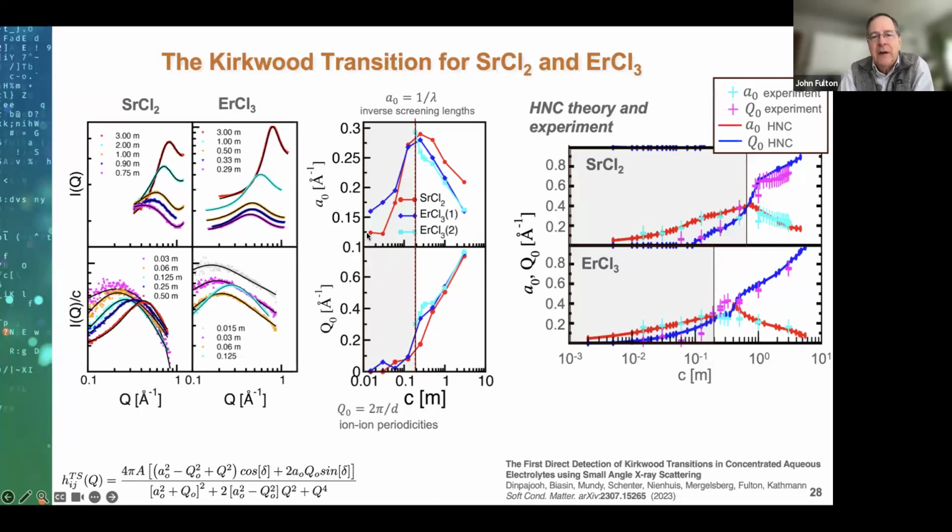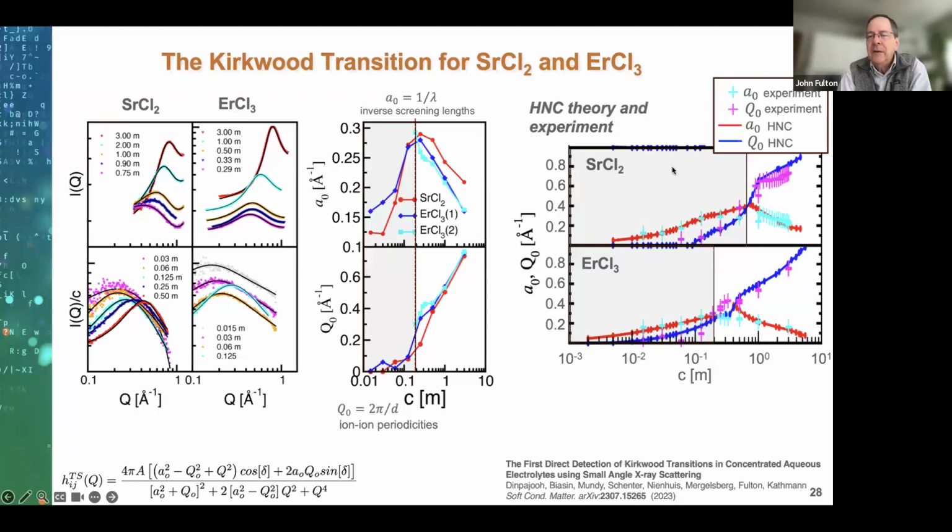As you increase concentration, we get an increase in the inverse screening length, which is in accord with what you would expect from a Debye-Huckel response. But at some finite concentration, this turns over and we see a decrease in the screening length, both for strontium and for erbium. Likewise, as we increase concentration, we see a sudden step appearance of this pre-peak, and then Q naught values increase.